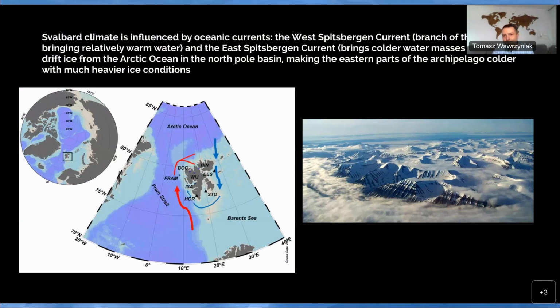That's the main reason why most settlements were established along the western coasts, not the eastern coasts. Eastern coasts are still hard to reach because of the sea ice situation.